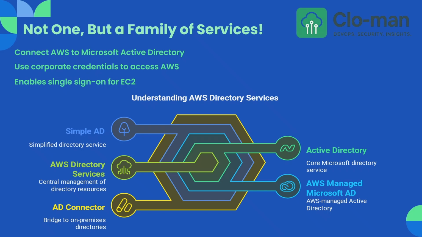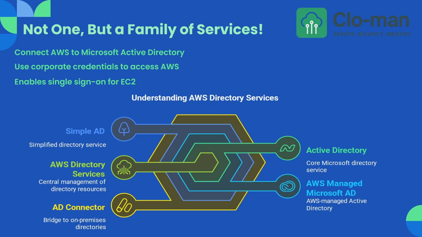First things first, what exactly is AWS Directory Services? Well, it's not just one service, it's actually a family of managed services that lets you connect your AWS resources to an on-premise Microsoft Active Directory, or you can even run directories entirely in the cloud.